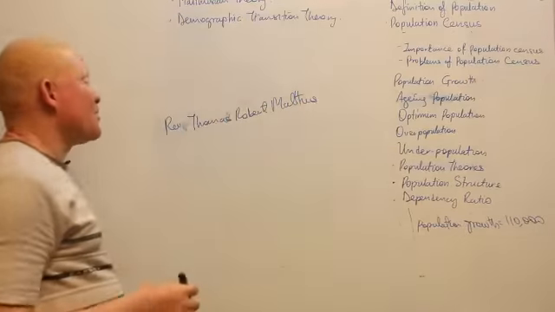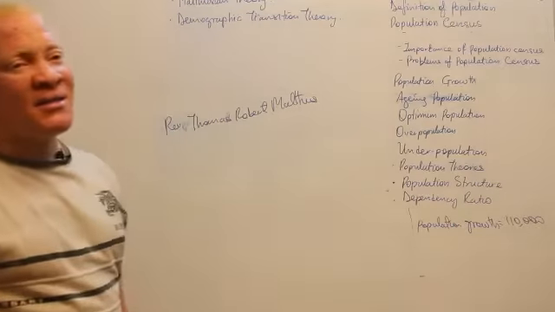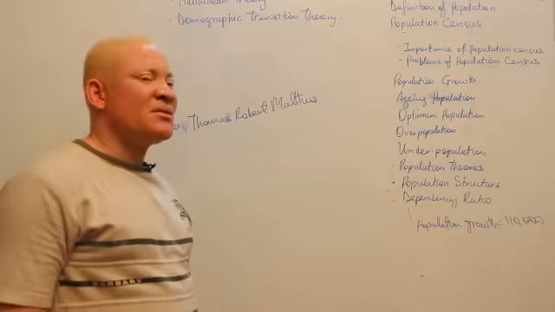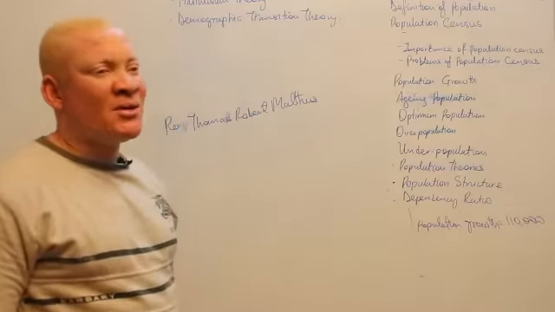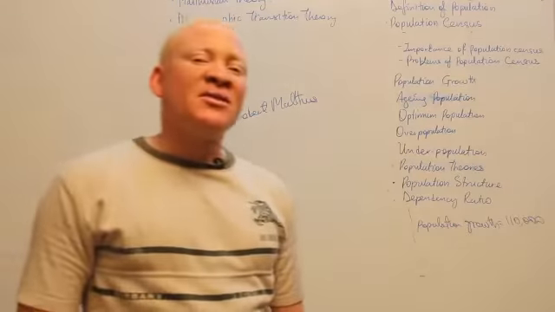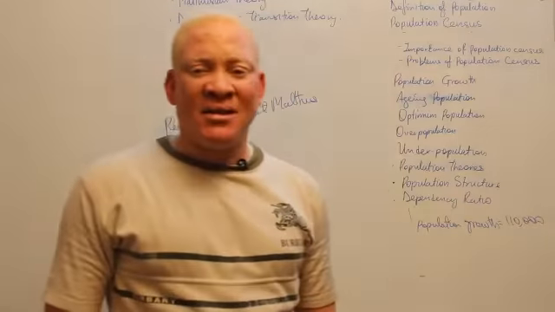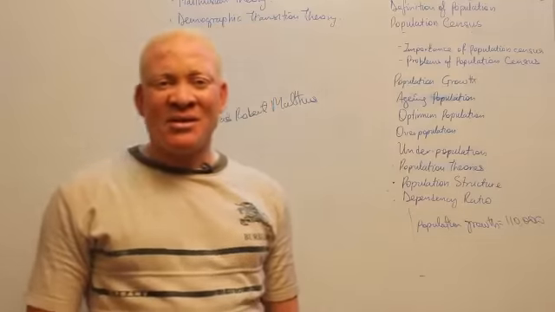Now, Reverend Malthus, in his essay on population, came up with the assumptions that, one, population, if unchecked, will increase more than the resources that are available for sustaining them.